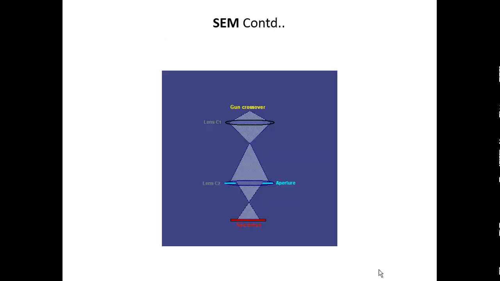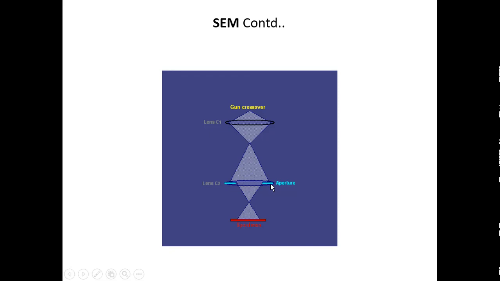Okay. So this is just to show how this gun crossover is coming. The gun produces an electron beam, and this is the first lens, over which all the high angle electrons are avoided, and only through the aperture, whatever beam comes through is converging here.